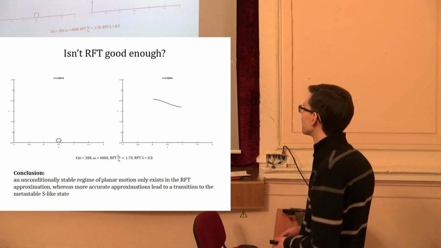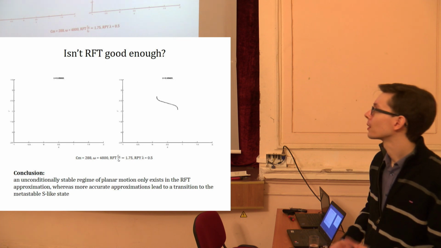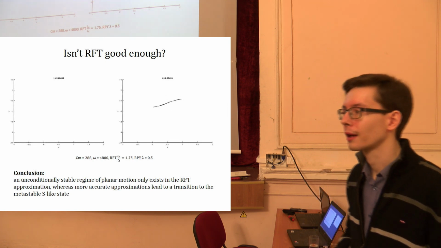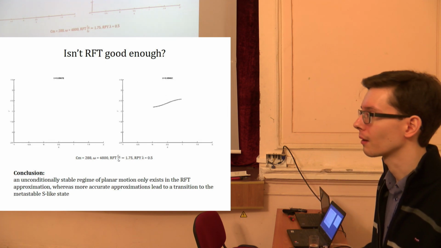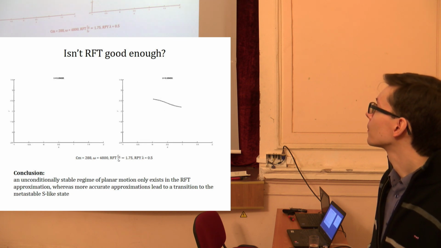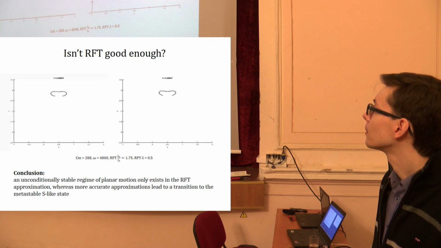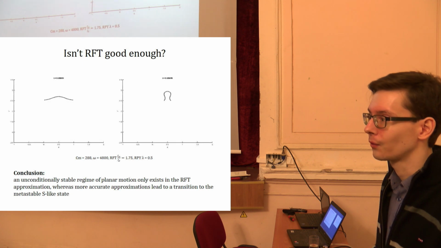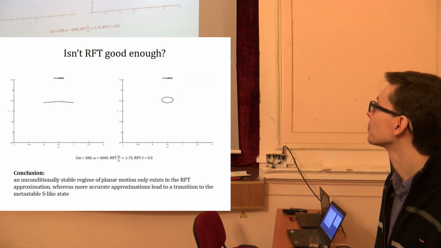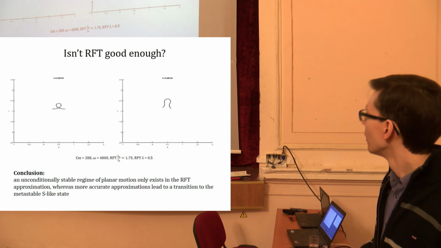This is a qualitative difference, and this is something we found very quickly when moving to more accurate descriptions of hydrodynamics. There are other examples, and the question naturally becomes, is this enough then? Is the RPY approximation enough, or do we still need more?